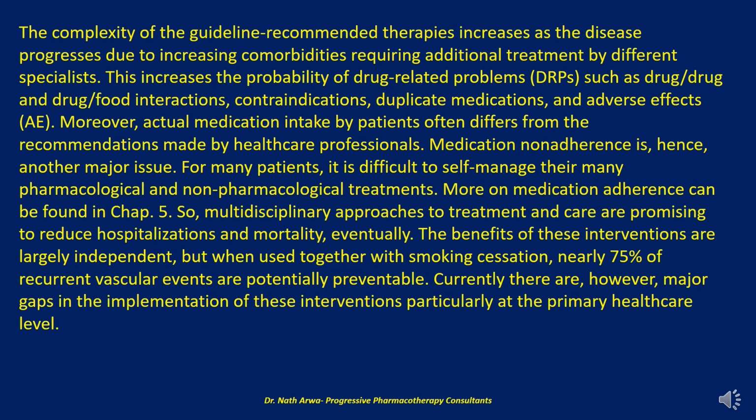The complexity of the guideline-recommended therapies increases as the disease progresses due to increasing comorbidities requiring additional treatment by different specialists. This increases the probability of drug-related problems, abbreviated as DRPs, such as drug-drug and drug-food interactions, contraindications, duplicate medications, and adverse effects, abbreviated as AE.